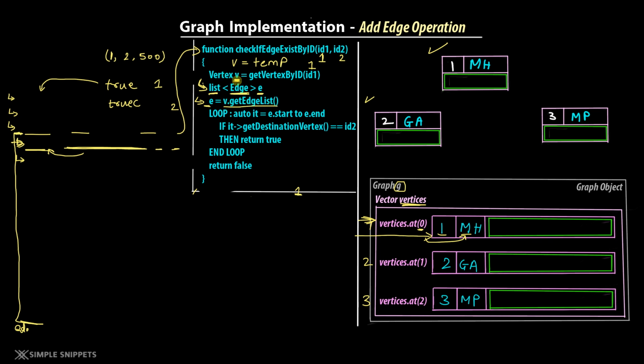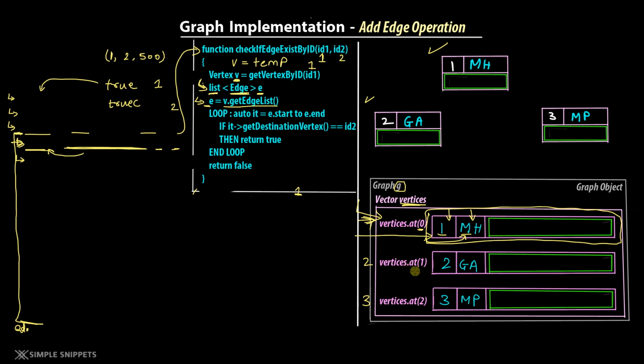Now every vertex will have its own edge list. Now if you happen to see this structure, this is one vertex, correct? Inside this vertex, what do we have? We have its state ID, we have its state name, and this green box which is empty right now is nothing but its edge list, correct? It's of type edge, and it's also a list.